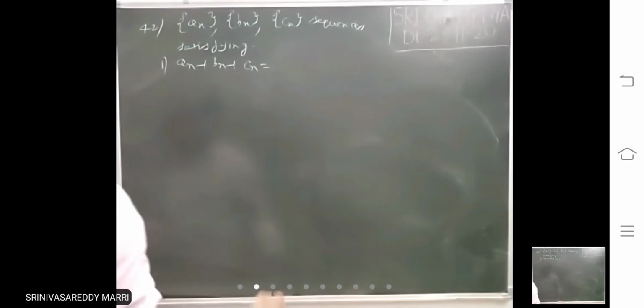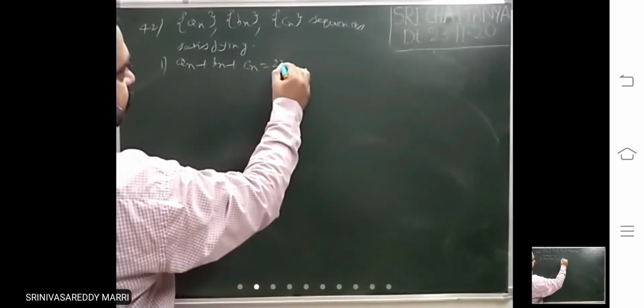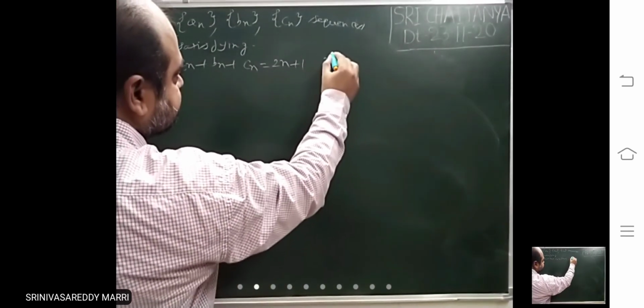These sequences are satisfying conditions. Look at a_n plus b_n plus c_n equals 2n plus 1, one condition.